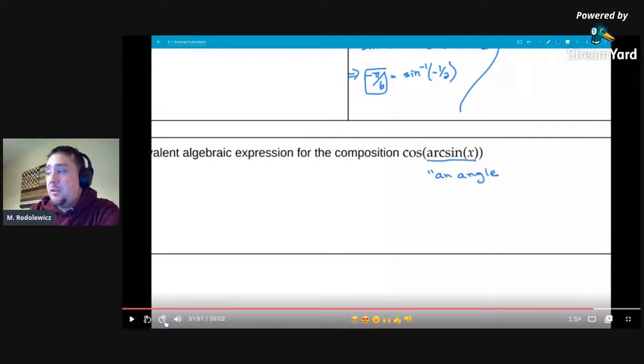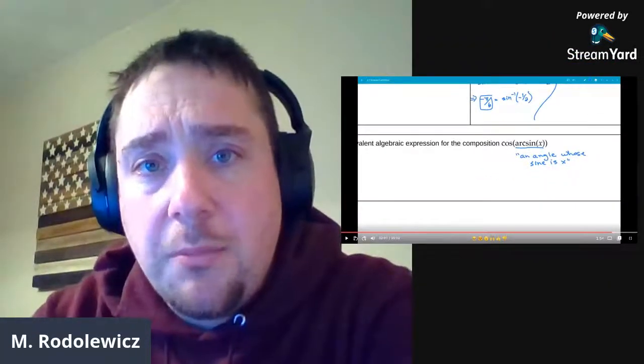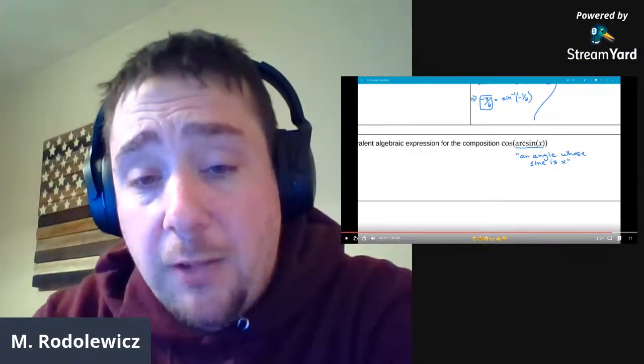The last example you need to do is write an expression for this composition expression. We're given the cosine of the arcsine of x. So again, when I start on my inside, I want an angle whose sine is x. That's strange. It's unknown. Up until now, we've been doing it with numerical values, but we're about to do some algebra writing.